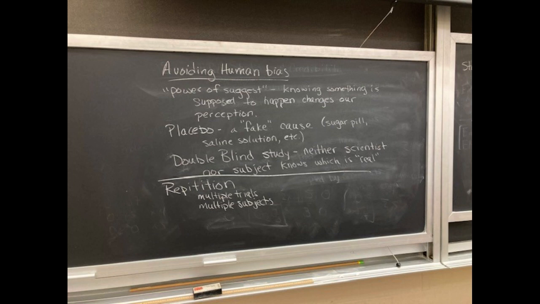So they don't know from one patient to the next what they're giving. What the scientist receives is not "Susie said this." The scientist receives: this was the response, and this was the information attached to real versus placebo. So it helps to prevent the scientist from making those shady judgments.